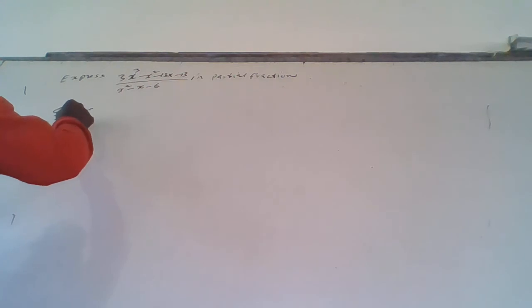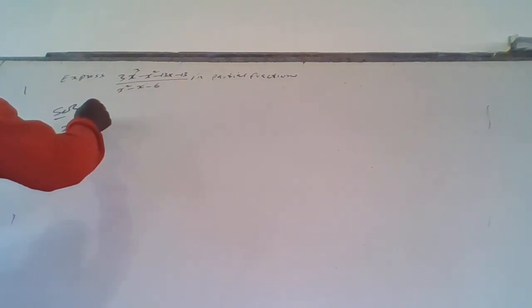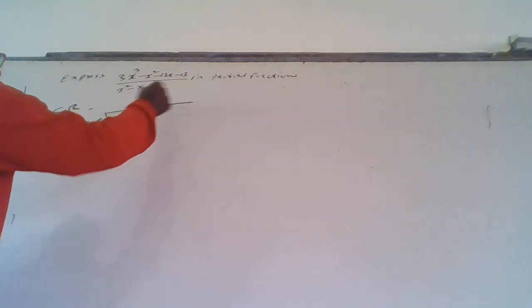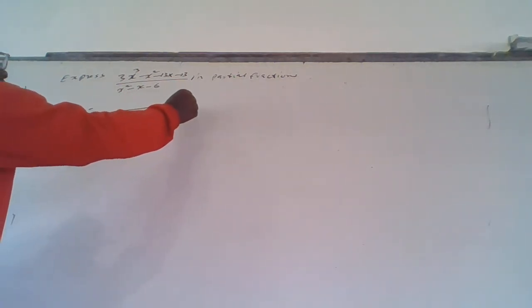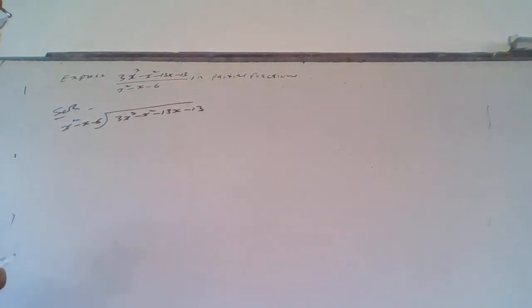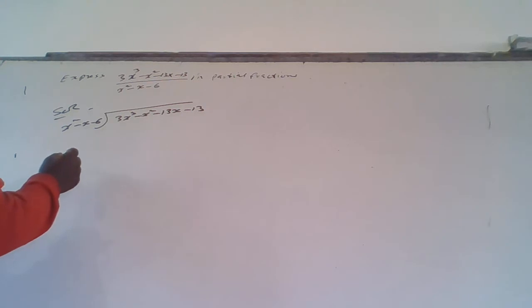So we have x squared minus x minus 6 into 3x cubed minus x squared minus 13x minus 13. How many times does x squared go into 3x cubed?